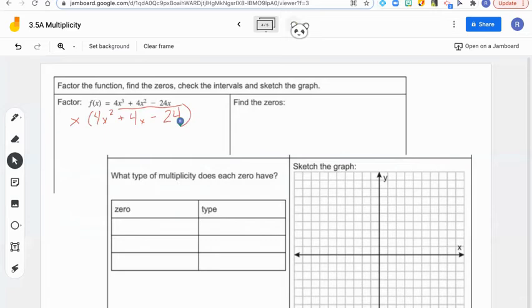I notice that I can still even take out a 4, right? So I'll have 4x. And then when I get here, I notice that I can even just factor this. Now you might go in and work that quadratic equation.